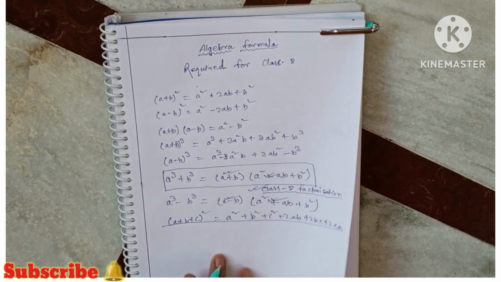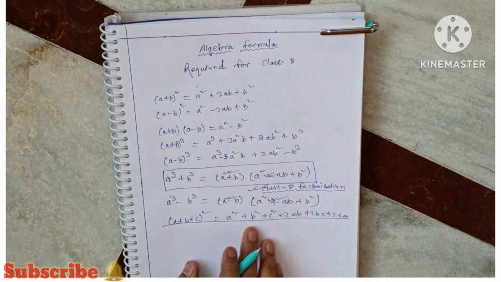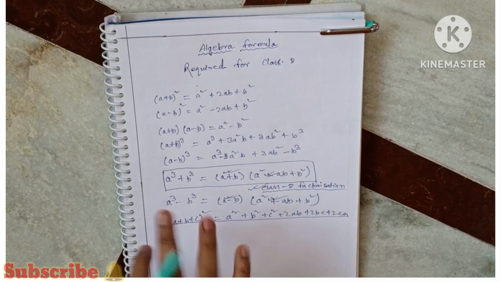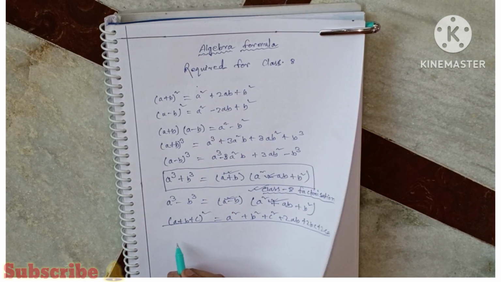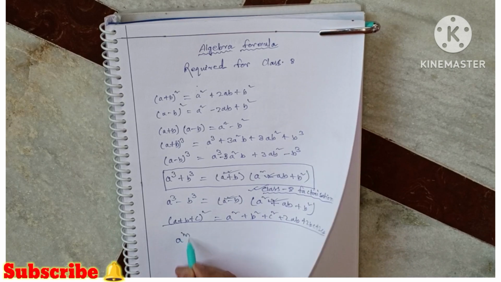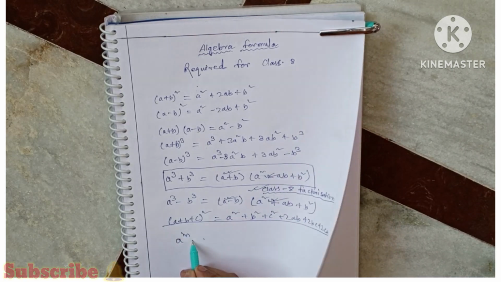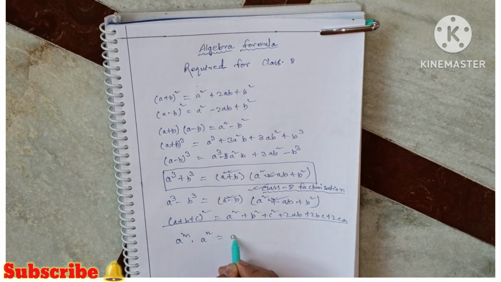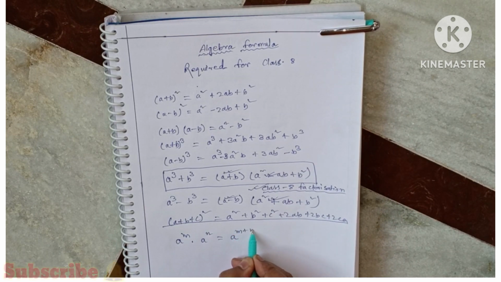Okay. So firstly, some of the common laws of exponents with the same bases having different powers and different bases. Like a to the power m multiplied by a to the power n is equal to a to the power m plus n.